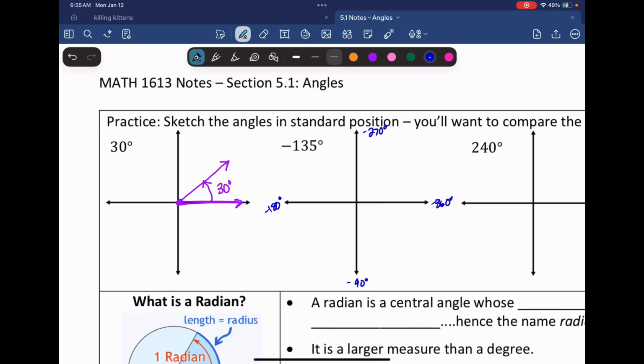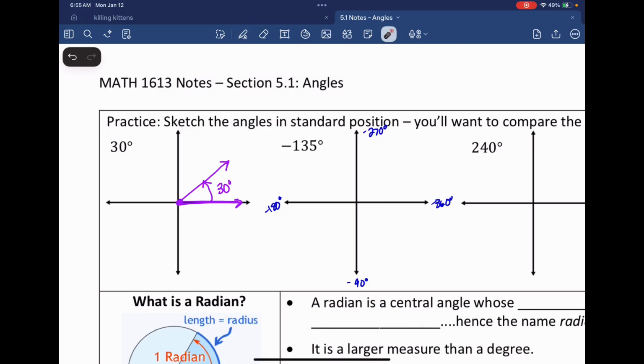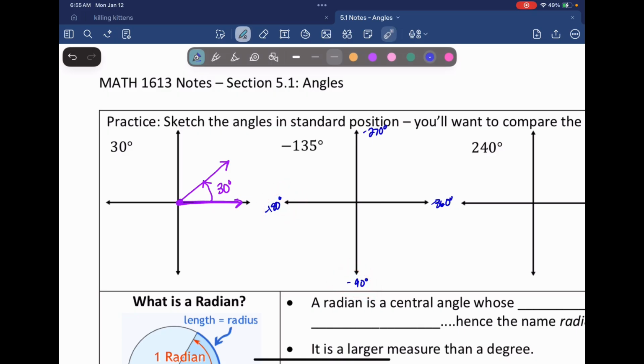So negative 135 degrees is going to be between negative 90 and negative 180. So we still have our initial side and our terminal side somewhere in between. I don't know exactly where, just because I'm not measuring it, I'm just estimating. Label your rotation. You have to show that. And then list your angle.